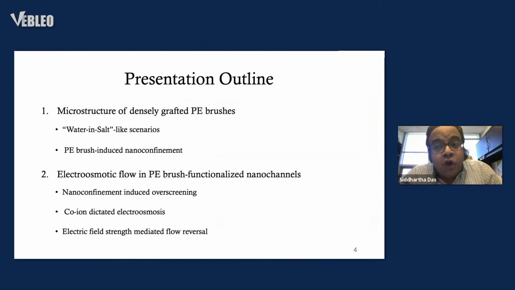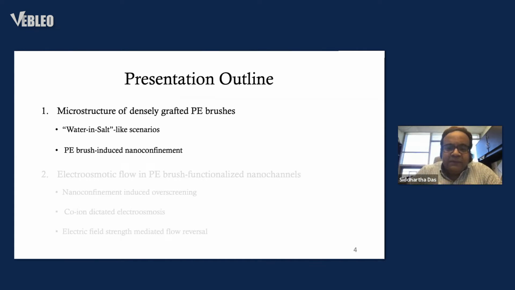That is, we do not only talk about how the polyelectrolytes would behave, their structure, their height, but we also talk about the specificities of this kind of ion environment or the aqueous environment around these polyelectrolyte molecules. So we first start with the microstructure of densely grafted polyelectrolyte molecules, and let's see what this all-atom molecular dynamics reveal.